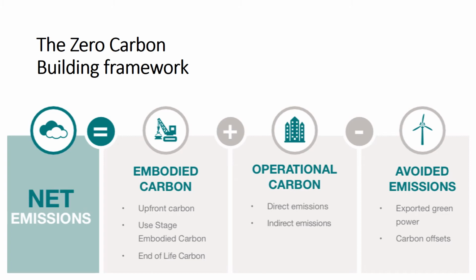However, we can, through the net emissions, deduct any avoided emissions through either solar, wind power, farming, or carbon offset trade from different green resources. So that's in short the zero carbon building framework, encouraging and advocating for green building.